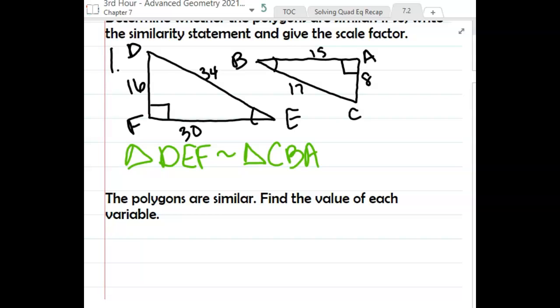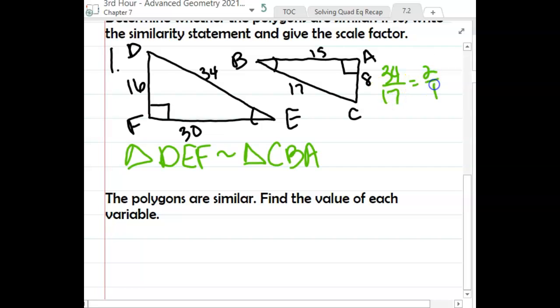Okay? So if I start with DE, DE is 34. And looking at the similarity statement, I know that corresponds with CB, which is 17, which reduces down to 2/1. Then we could go to maybe EF, which is 30. What side corresponds with EF?